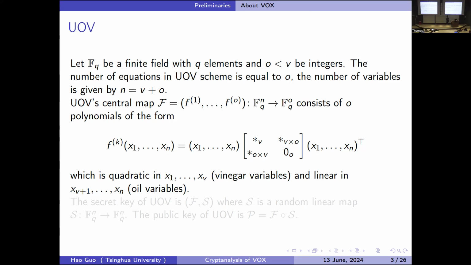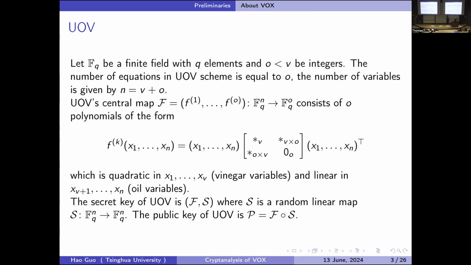And the UOV central map, if we write it in matrix form, has this shape where the bottom right part is the zero matrix of size O by O, and the other parts I write here in symmetric form, so you can see it as a quadratic form. This together with a secret linear map S from F_q^n to F_q^n makes the public key of UOV.